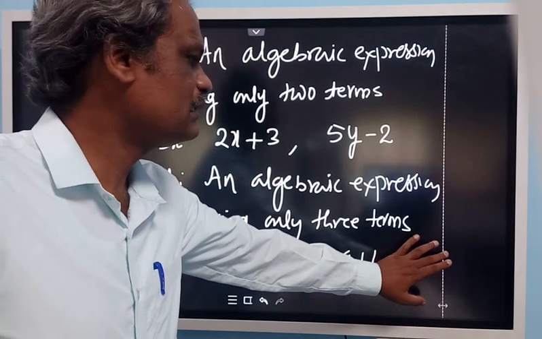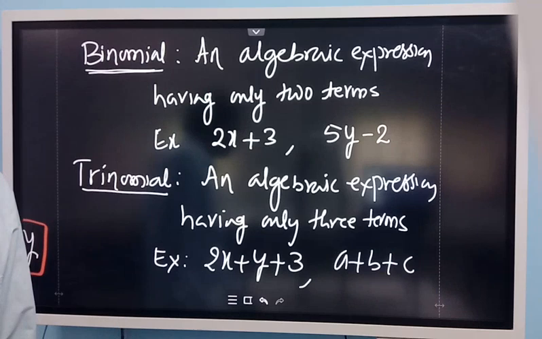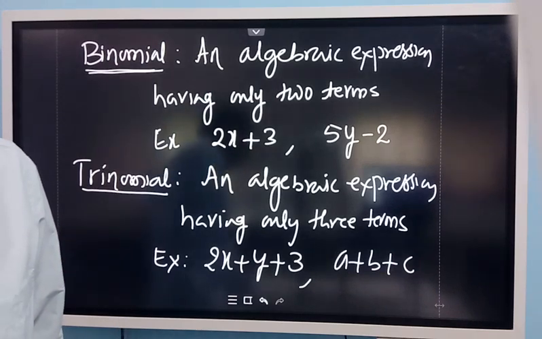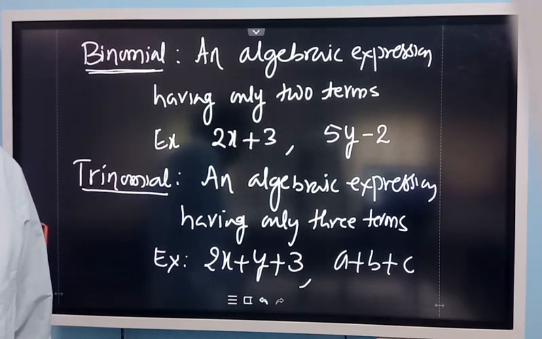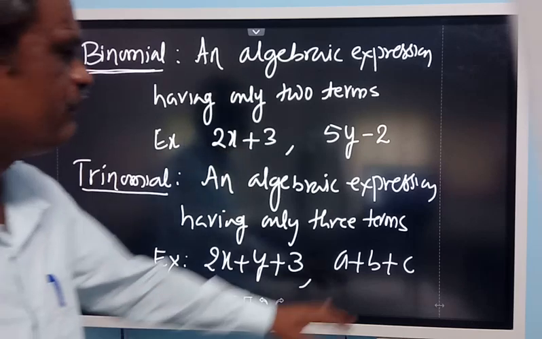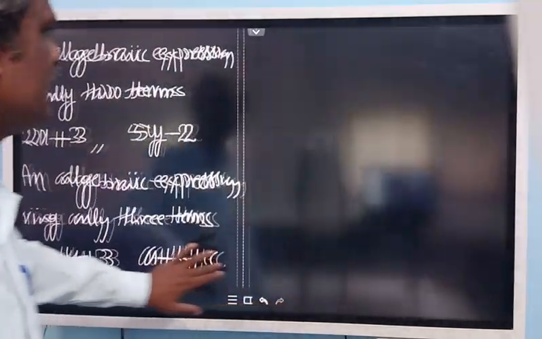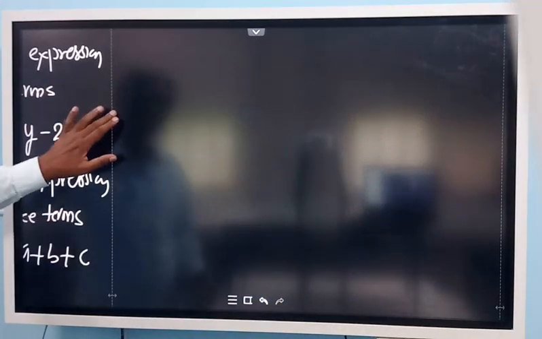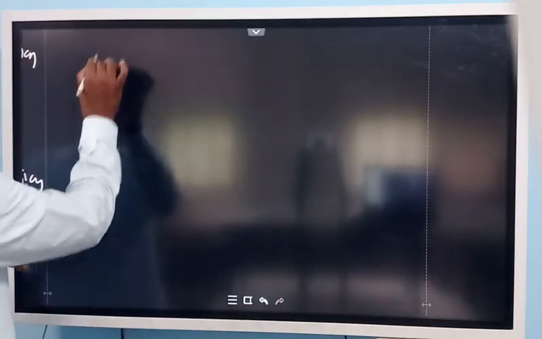Then what do you call the expressions having three or more terms? Not only three or more terms, any number, one term or more terms.